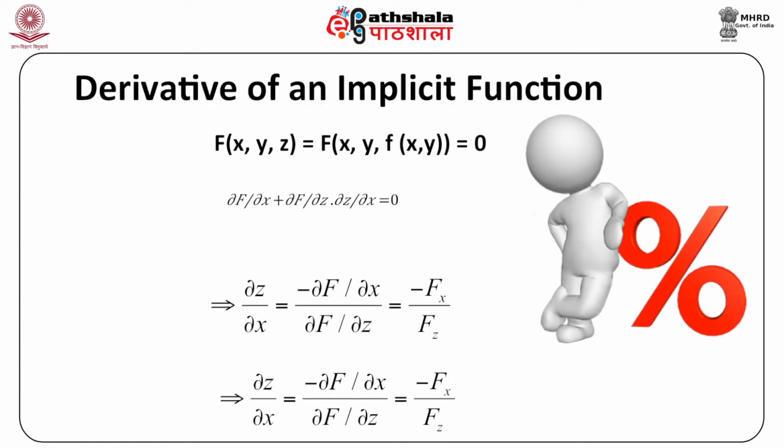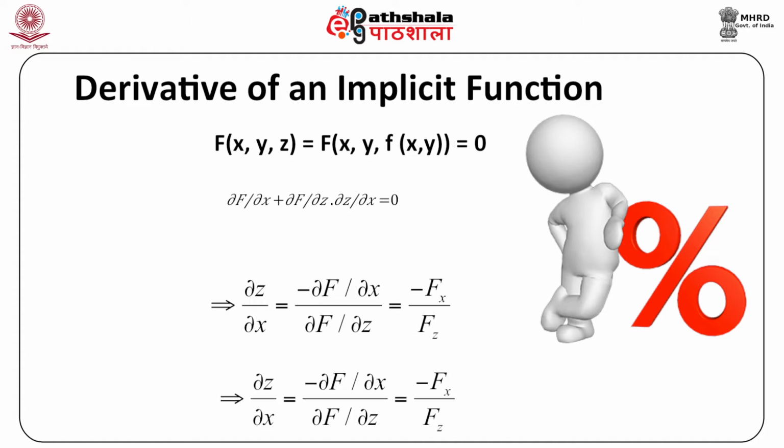Suppose F(x, y, z) is a differentiable function and F(x, y, z) equal to 0 defines z as an implicit function of x and y. Then F(x, y, f(x, y)) is equal to 0.